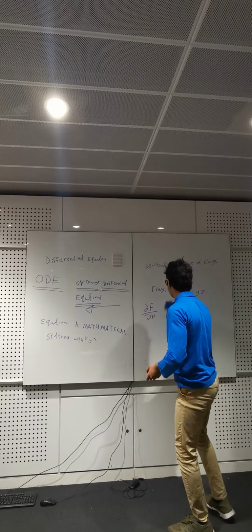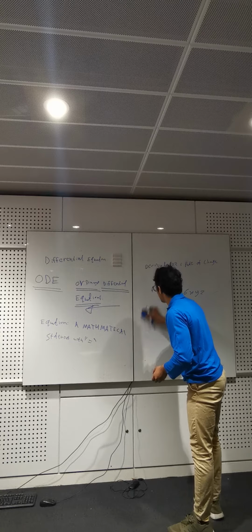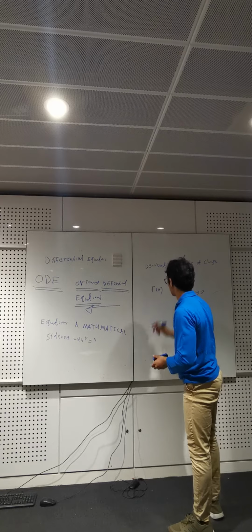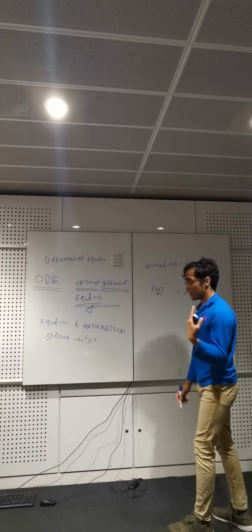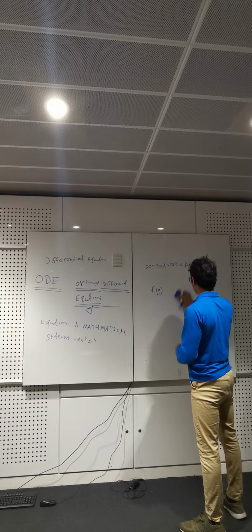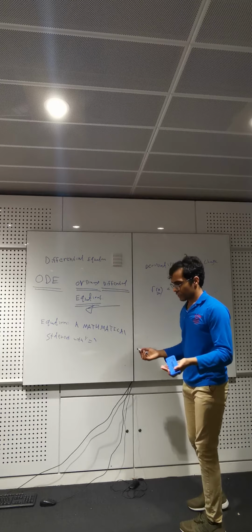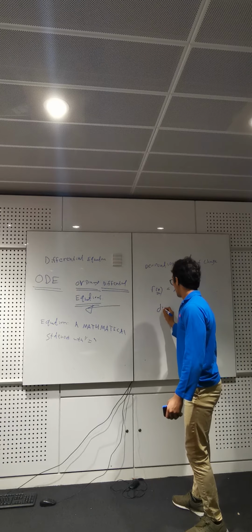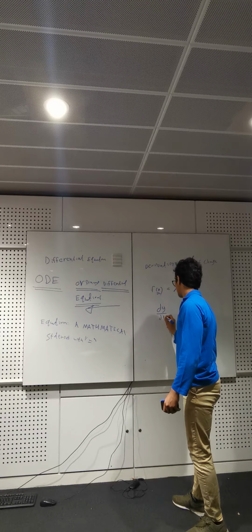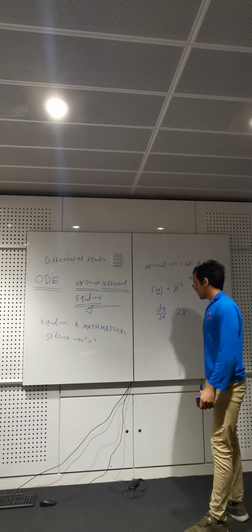But with ordinary stuff, for now we're just dealing with functions that only have one variable. For example, f of x equal to x squared. There is only one derivative, which is with respect to x, which will be 2x.